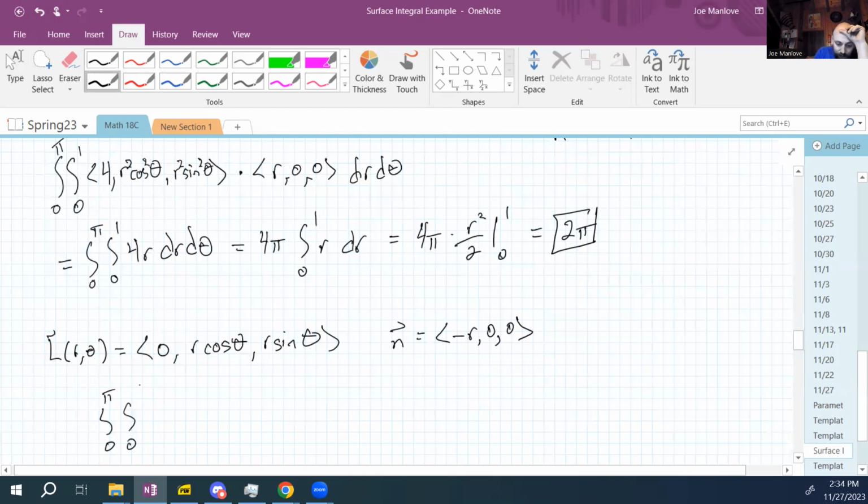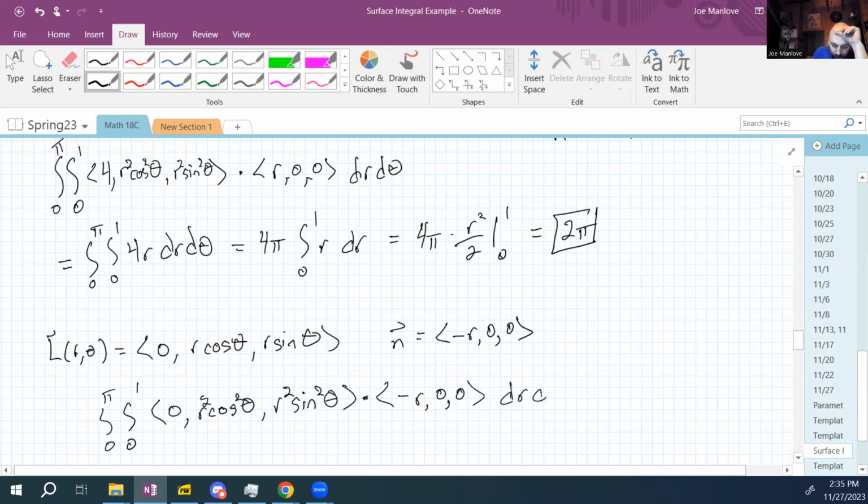I'm going to integrate from 0 to 1. Let's see, I've got 0 in the first place. I've got r squared cosine squared theta and r squared sine squared theta in my second and third places. And then I'm dotting this with minus r, 0, 0, dr d theta.